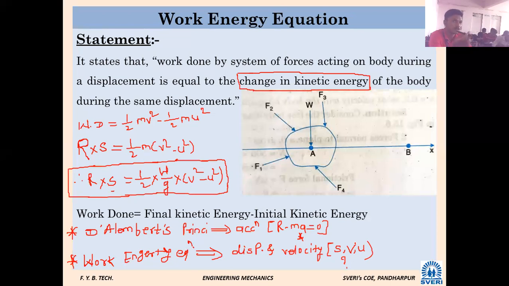Simple one, nothing else. Whenever we need, or if at all we are concerned with acceleration, then we have to go for D'Alembert's principle. If not, the work energy equation, whenever we want to go for displacement and velocity, it may be final or initial.